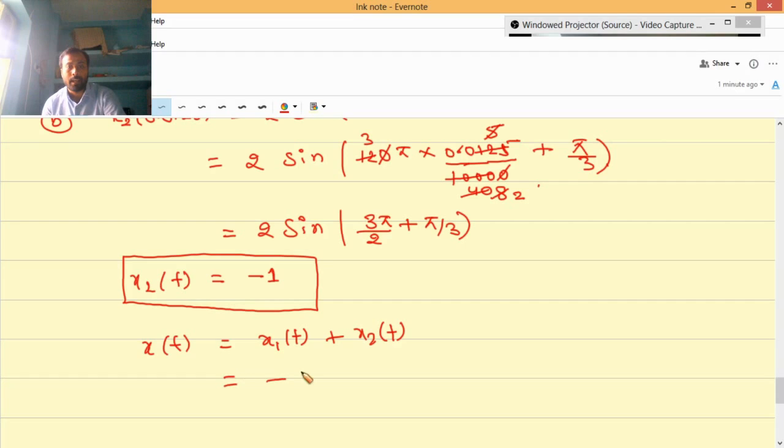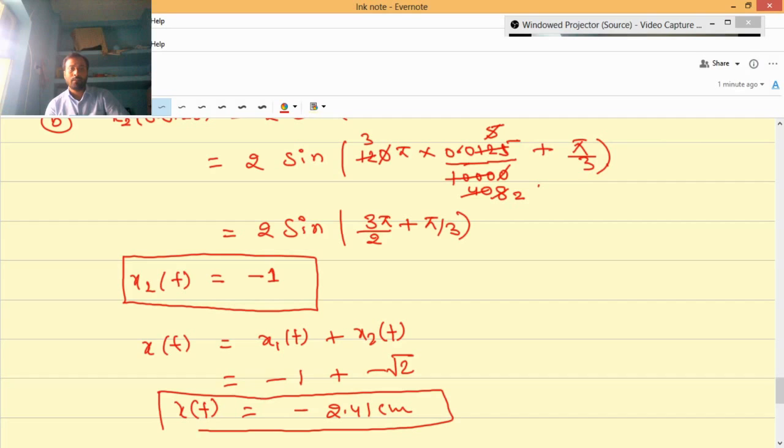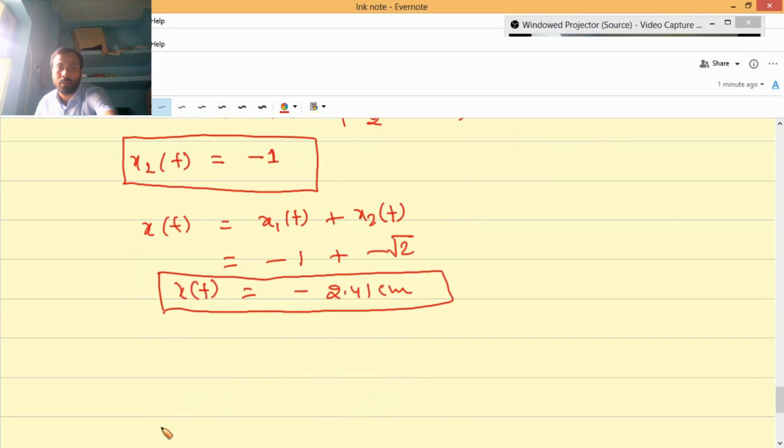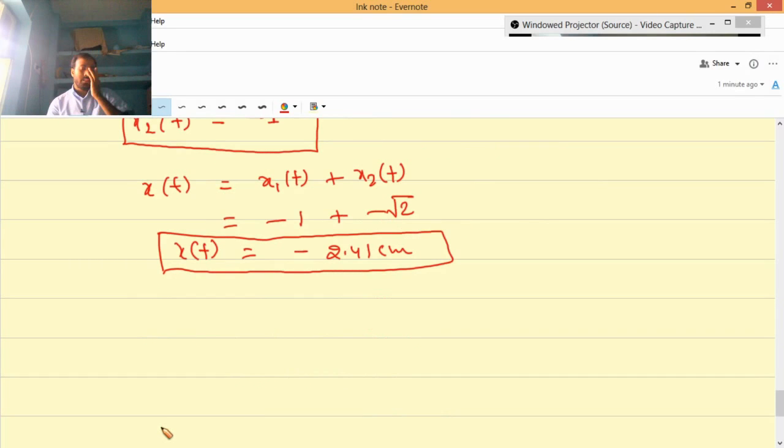So it will be minus 1 plus minus root 2, which is exactly equal to minus 2.41 centimeter. So the net displacement will be exactly equal to minus 2.41 centimeter.